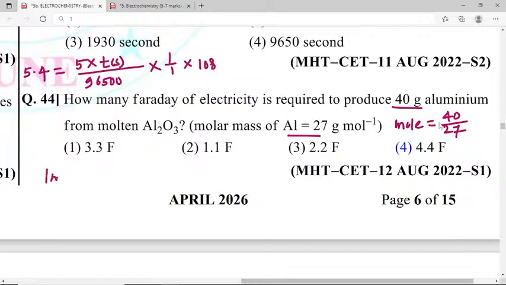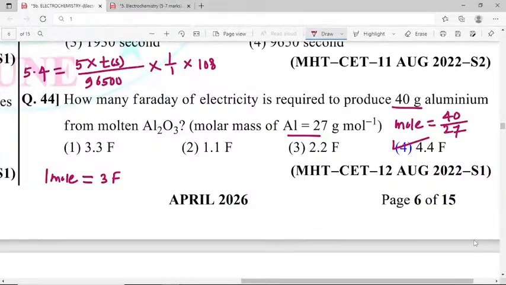So 1 mole requires 3 Faradays of electricity. So we calculate 40 divided by 27 mole, and then we get the answer 4.4 Faradays.